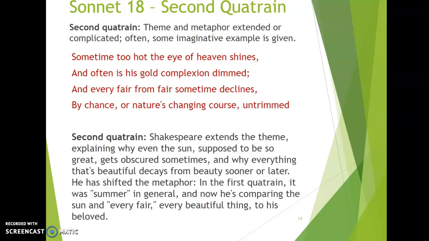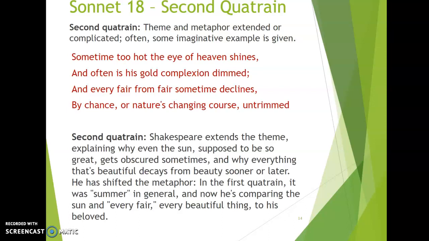In the second quatrain, this metaphor is going to be extended. Okay, he's going to extend and say, sometime too hot the eye of heaven shines, and often is his gold complexion dimmed, and every fair from fair sometimes declines, by chance or nature's changing course untrimmed.